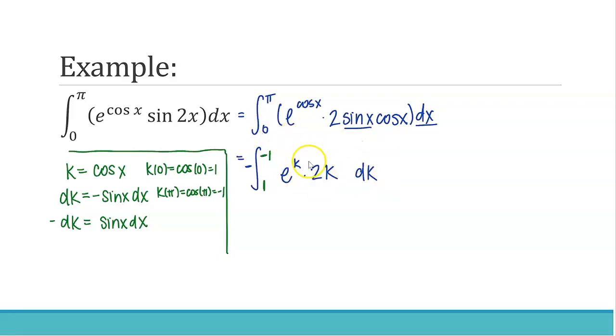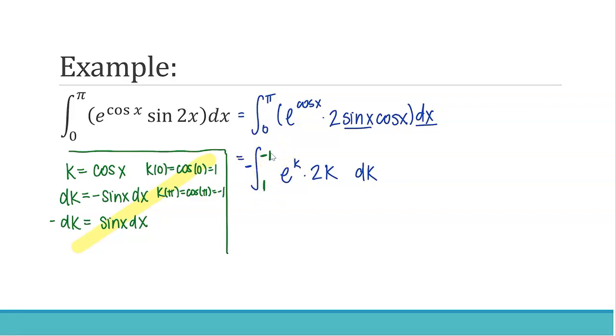All right, so here's my new integral. And because I changed everything, these are all k's, it's like I can leave this behind. I can ignore this work over here. I don't ever need to think about the x variable or the original problem again. I'm just going to move on forward with what I have left here. Now the limits of integration should be like a flashing warning here, because it's supposed to be the smaller number on the bottom, the bigger number on the top.